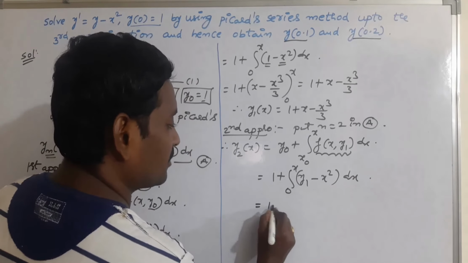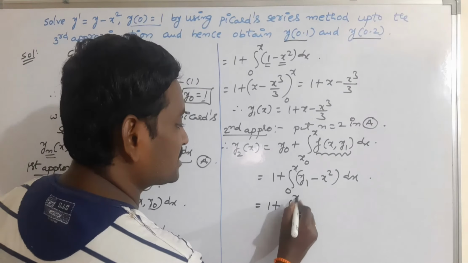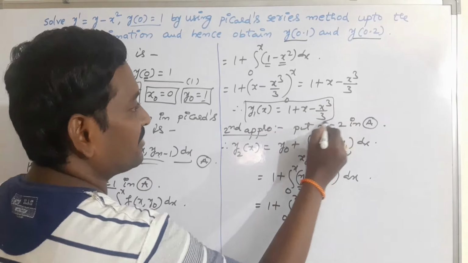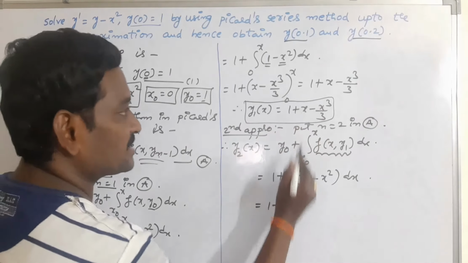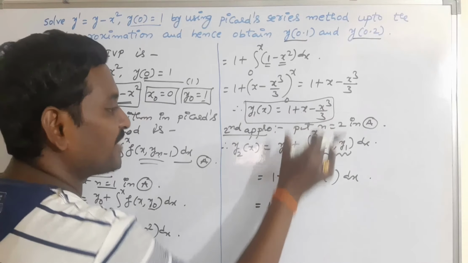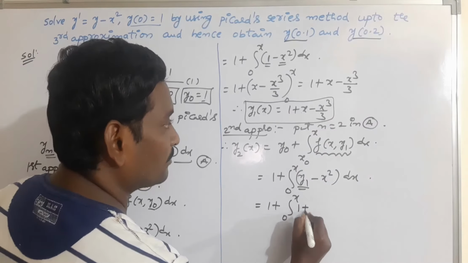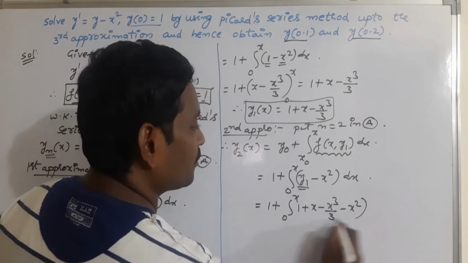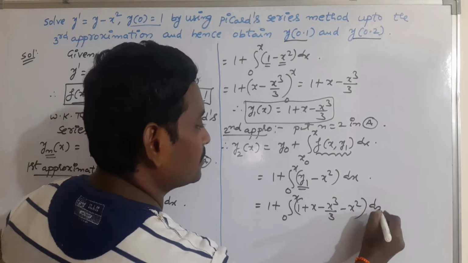See, so 1 plus integral 0 to x, but what is y1? From the first approximation we got y1 as 1 plus x minus x cube by 3. Replace this y1 value here. So you will get 1 plus x minus x cube by 3 minus x square whole into dx.